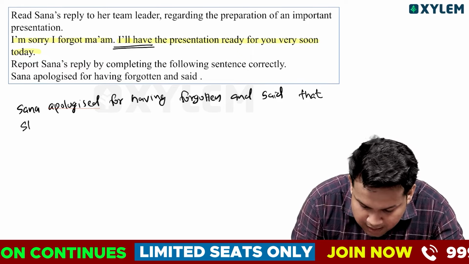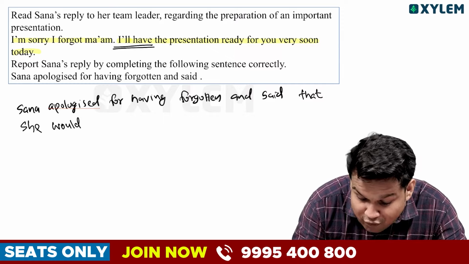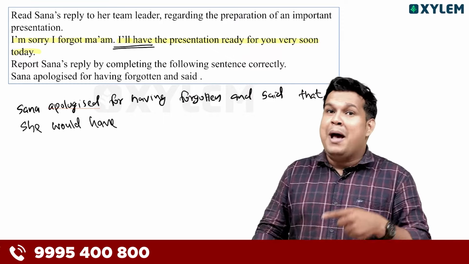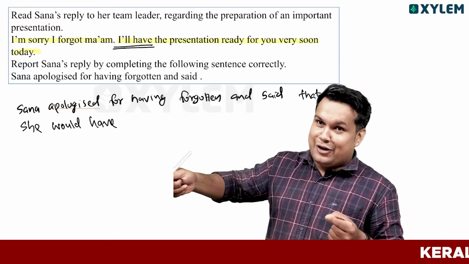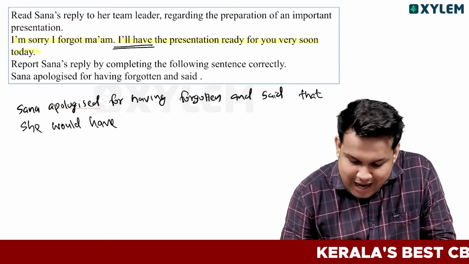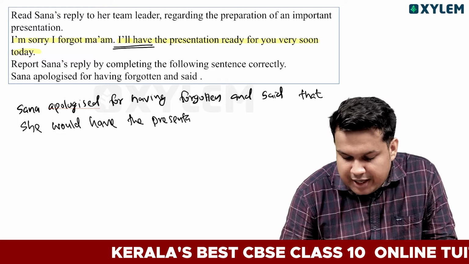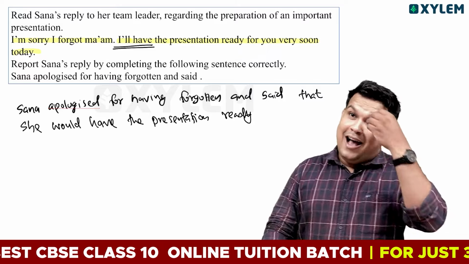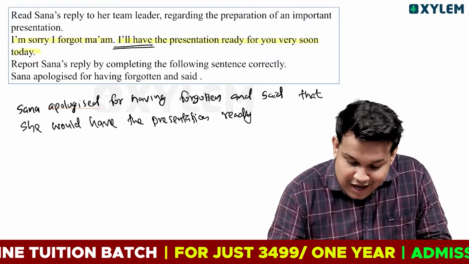That I, the subject, becomes she, will have becomes would have. There is no change for have because have is acting as the main verb, and here the auxiliary verb is will, and will is backshifted to would. So she would have the presentation ready. I'm a lazy man and I can't tolerate writing these long sentences, but we're supposed to do this, right?